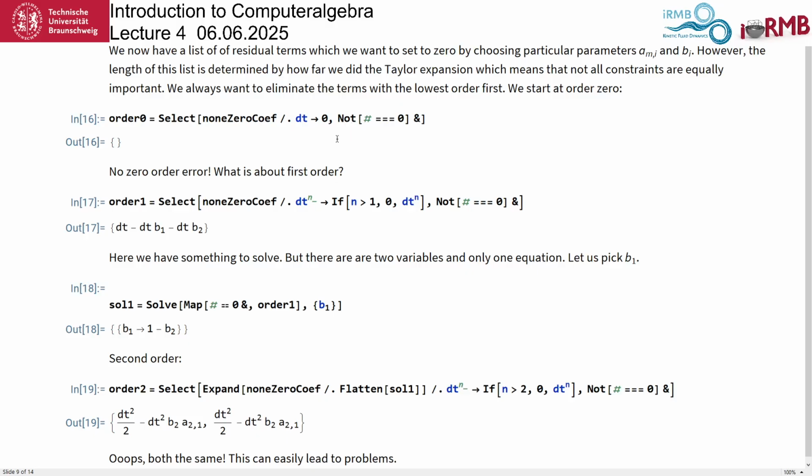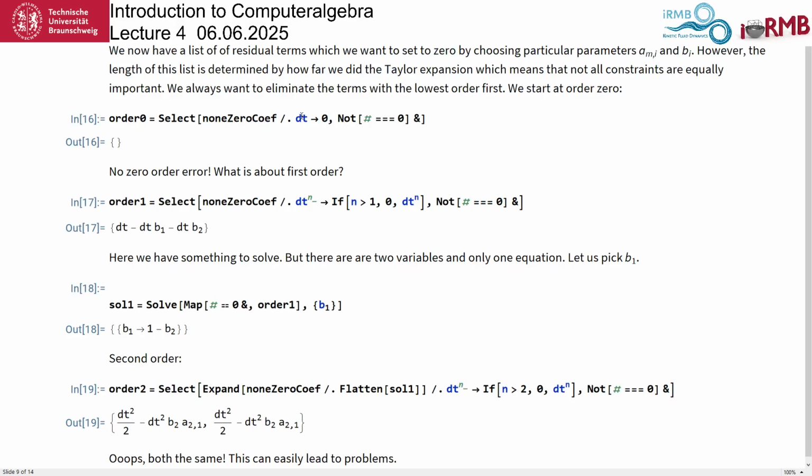So then what we are going to do is we select them by order. We take our non-zeros and we set all dt to 0 in order to see whether there's anything left without a dt.